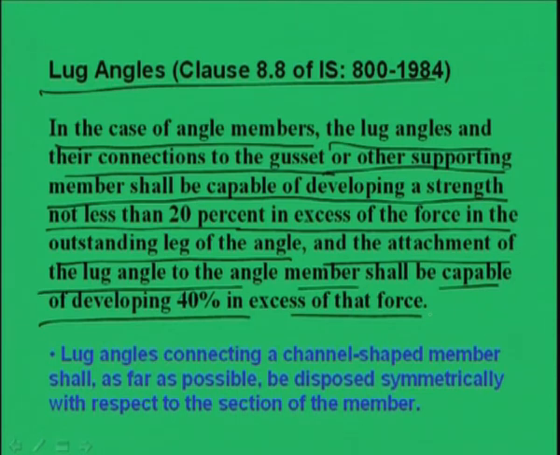So we have to design the lug angle such that it can carry 20% more, and the connection of the lug angle to the angle member shall be capable of 40% more. This will be clear when we go through one example.